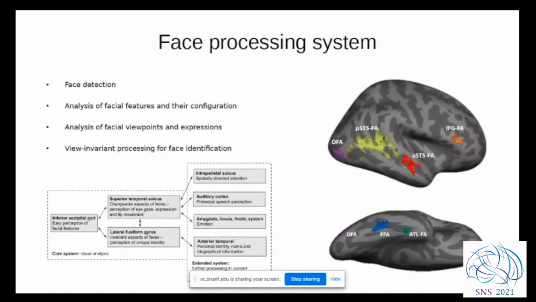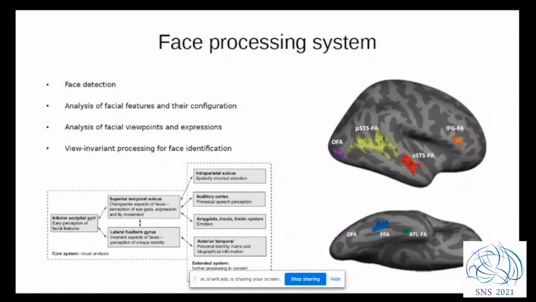STS means superior temporal sulcus. These areas basically do visual analysis on faces. They extract information about facial features, facial configuration, the viewpoints of faces, facial expressions, and also identities of faces.